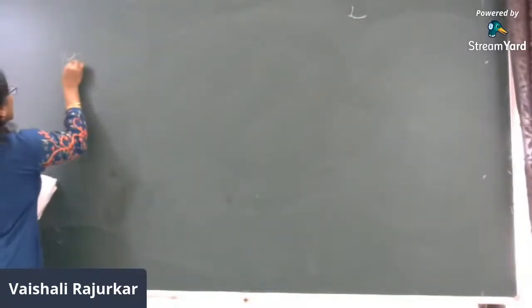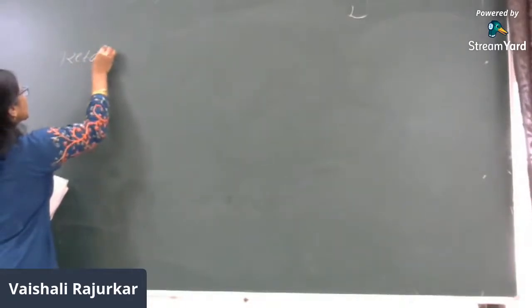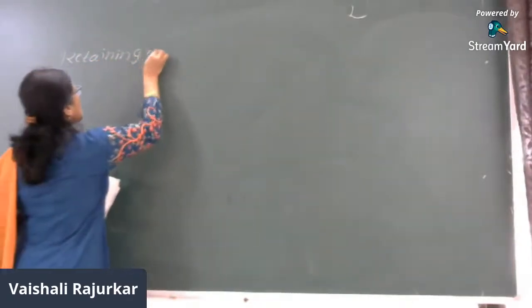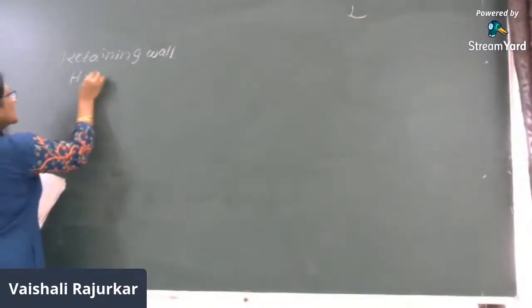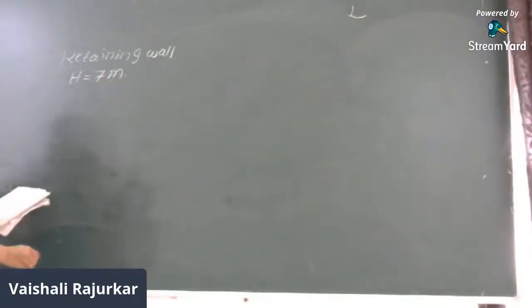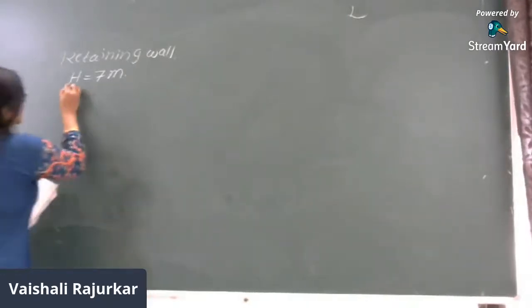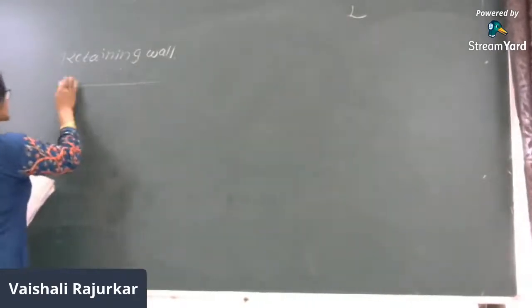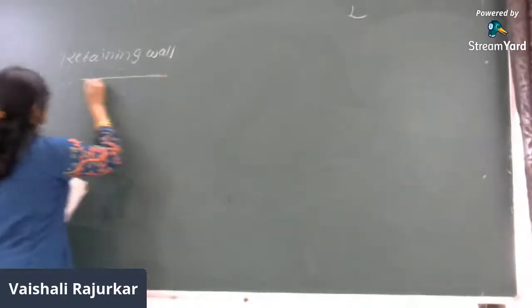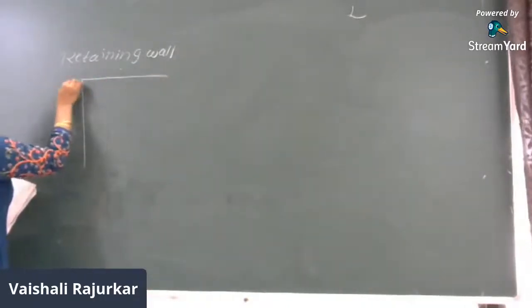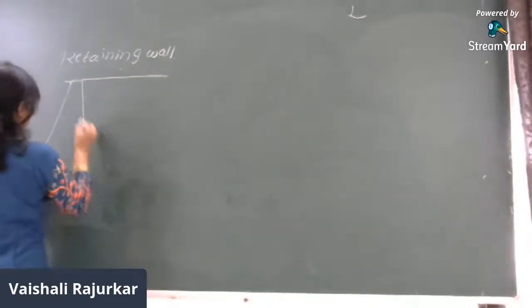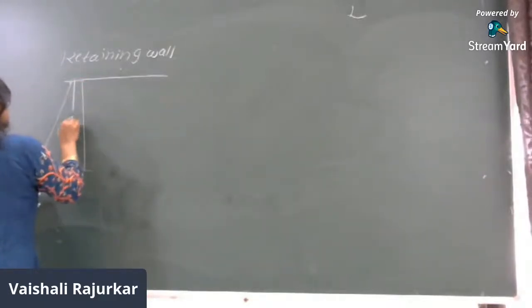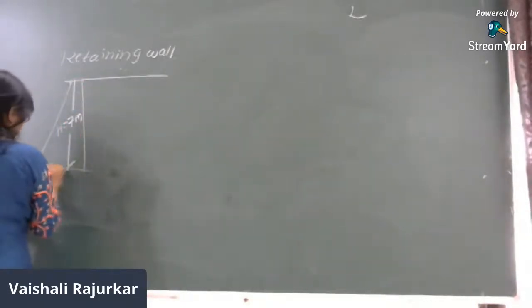Just a retaining wall, H is equal to 7 meters. Then there is a layered backfill. We will just assume this as a layered backfill. There are two layers. The first layer is of 4 meter. Total height of the retaining wall is 7 meter.